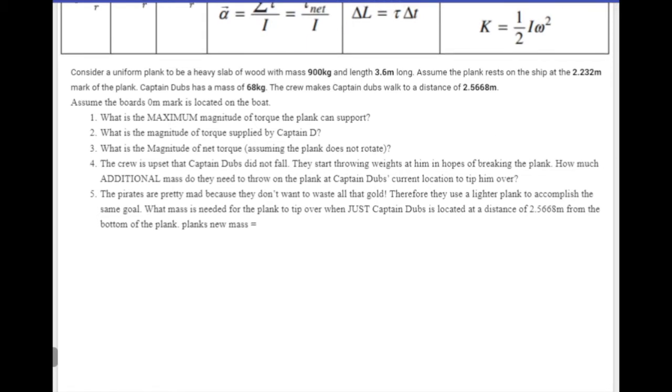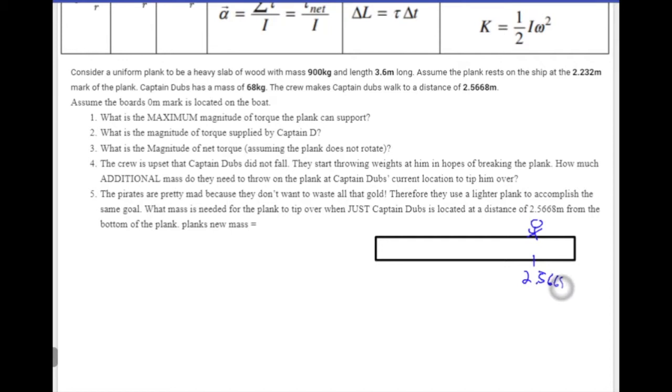So first, let's go ahead and start out by drawing a picture. If I have my plank, it's probably going to look something like this. It tells me that the captain is located at 2.5668 meters. So probably somewhere over here. We don't know exactly. I'm just going to eyeball it. It also tells me that the entire length of the board is 3.6 meters.